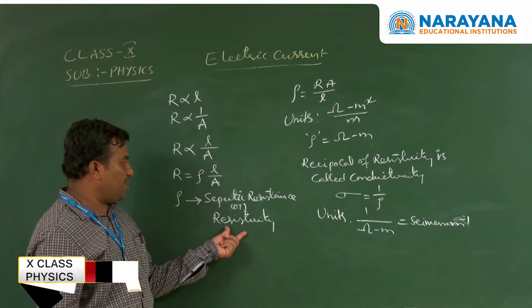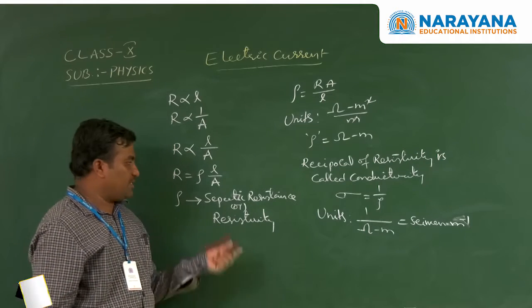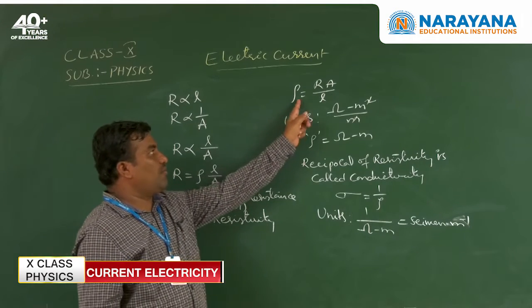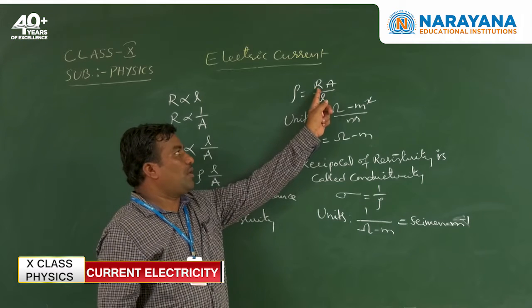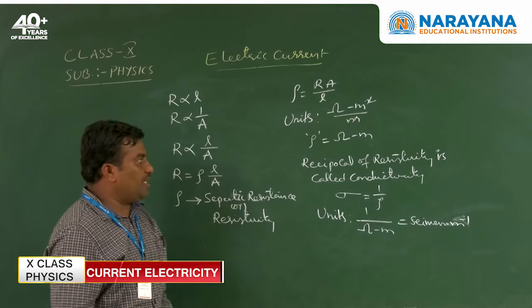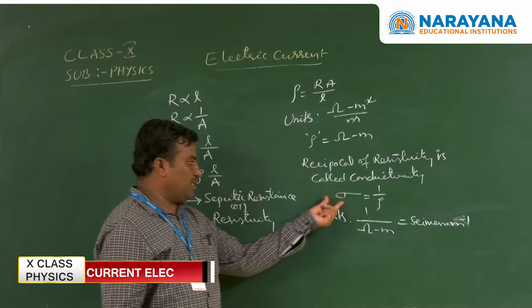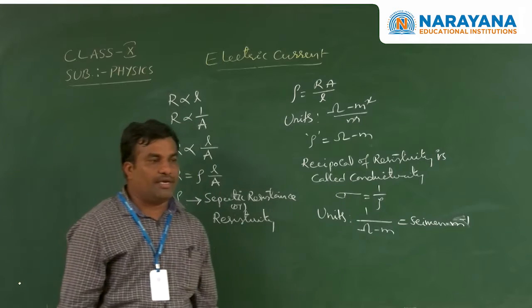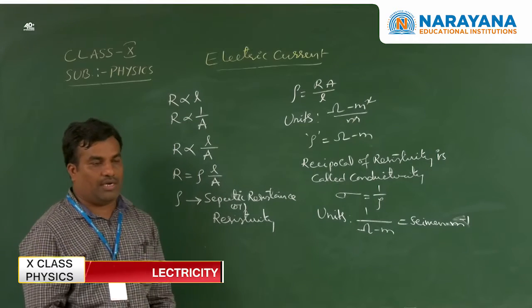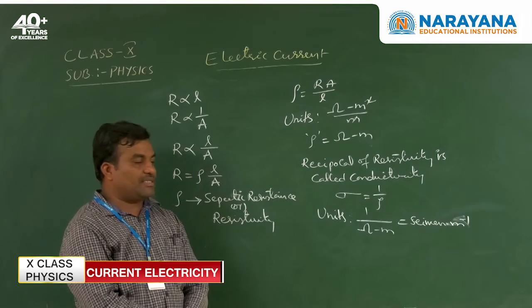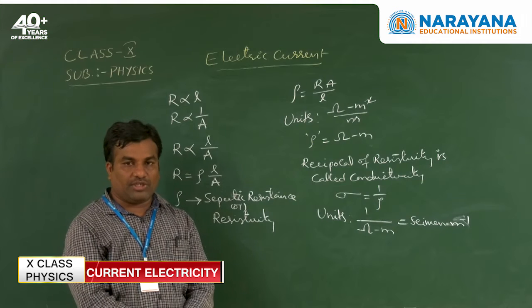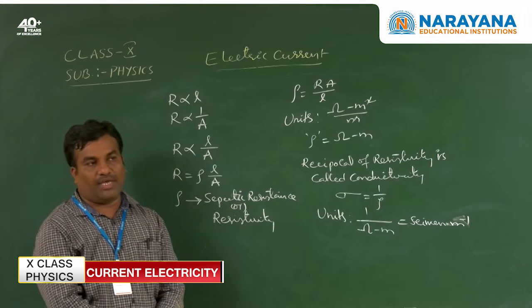So rho equals RA by L, with unit ohm meter, and sigma is the conductivity, the reciprocal of resistivity. Specific resistance depends on temperature and nature of the material.